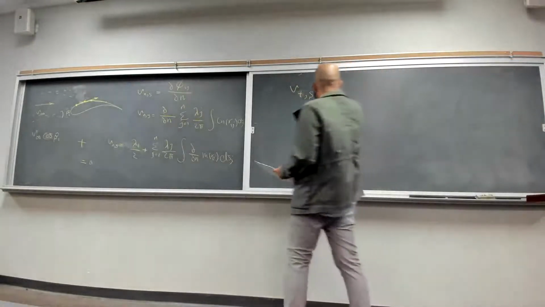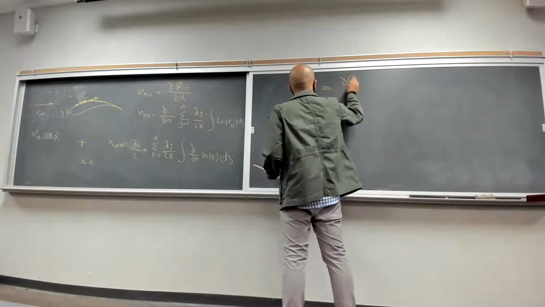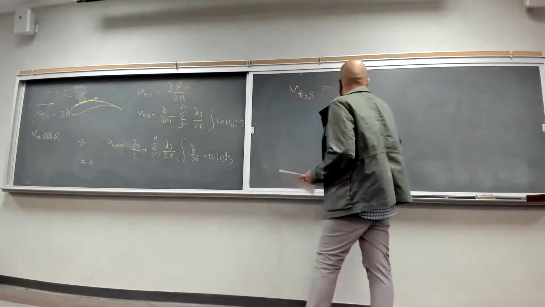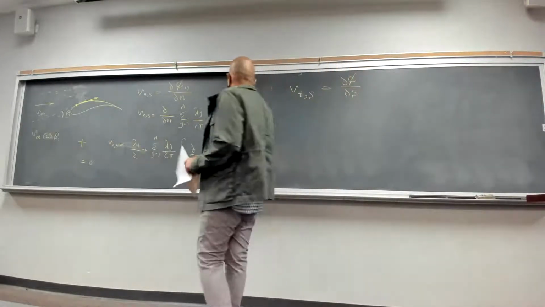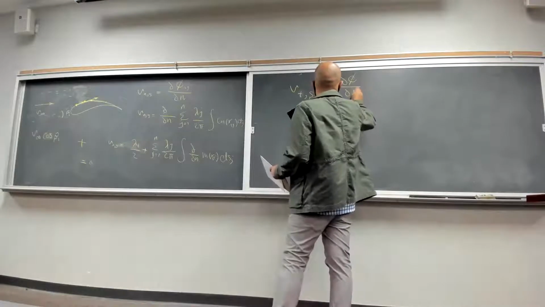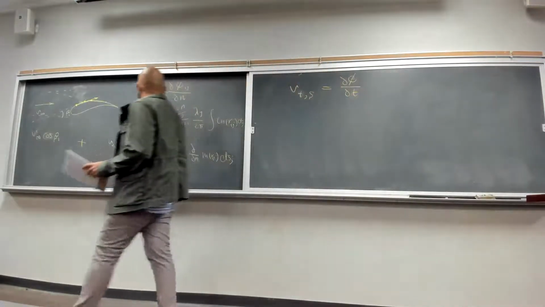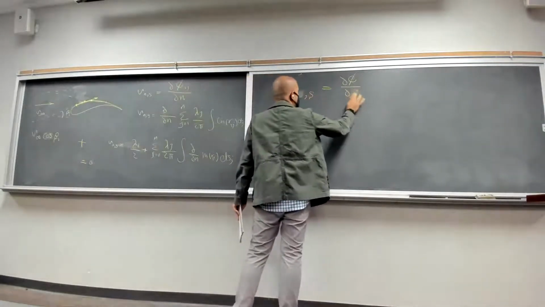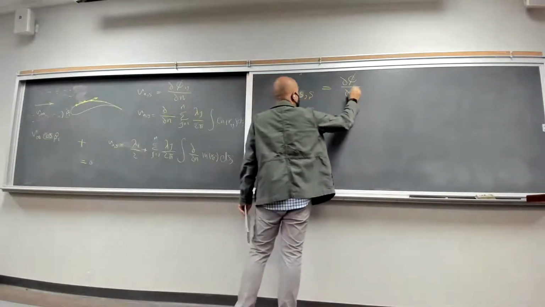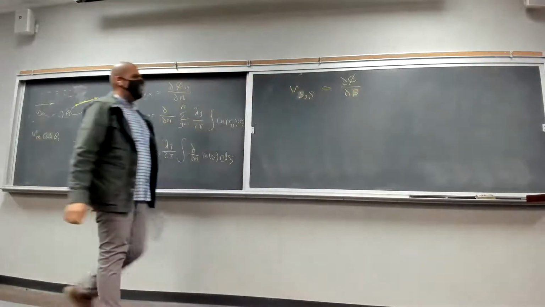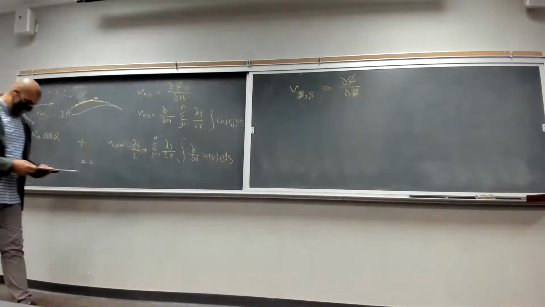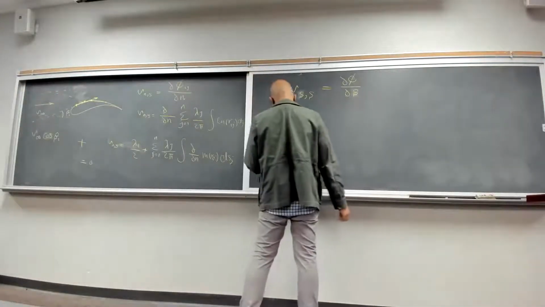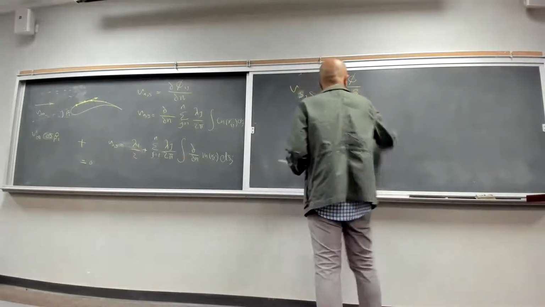And how would you calculate that? You have the potential. You take the derivative of potential with respect to your S or T, right? Let's actually keep it to S because we have always used S here. Velocity tangential to the surface, right? And you can just go through whatever we had.